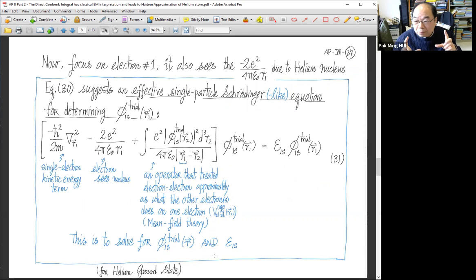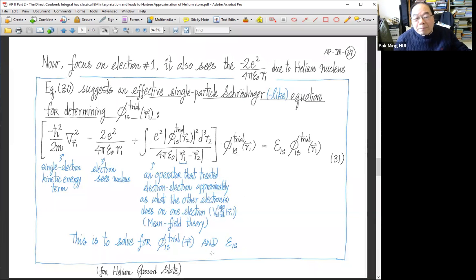This box, if you understand it, will be a step forward in your maturity in physics and in your knowledge in quantum mechanics. So pay attention to this.